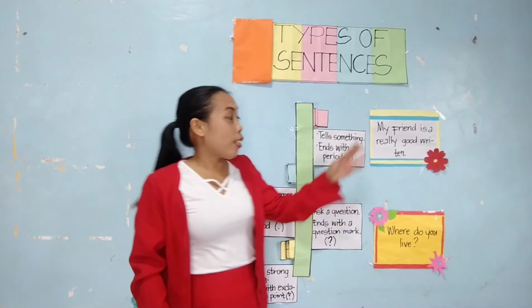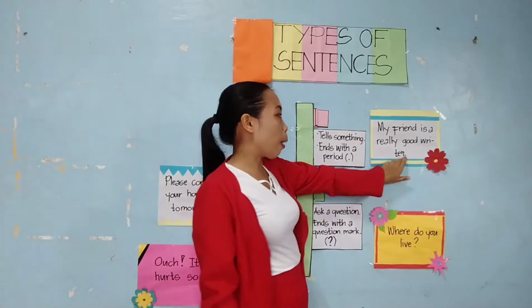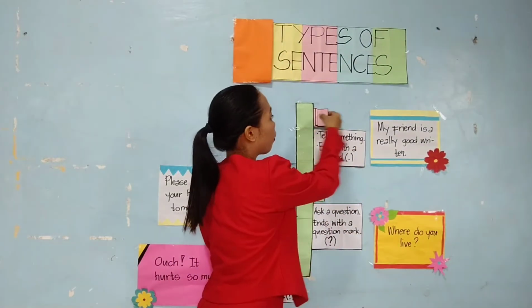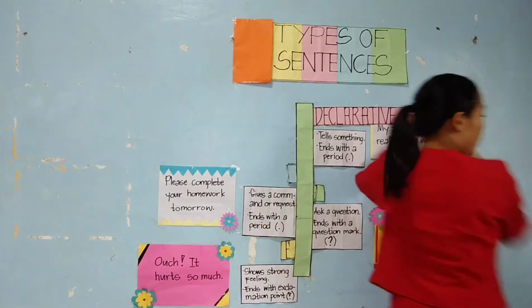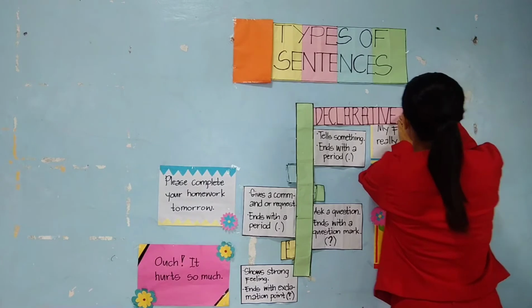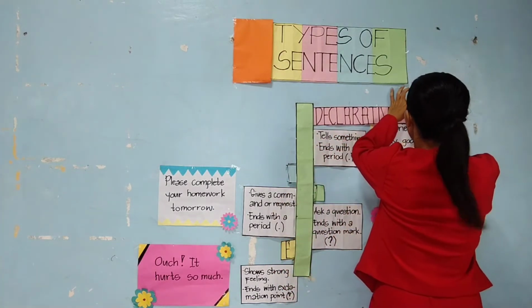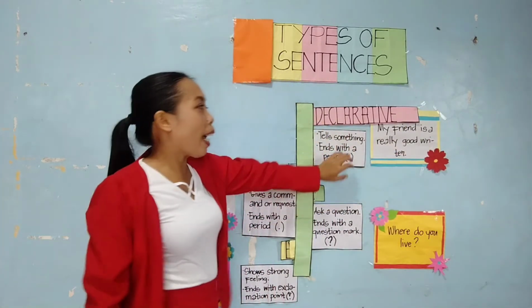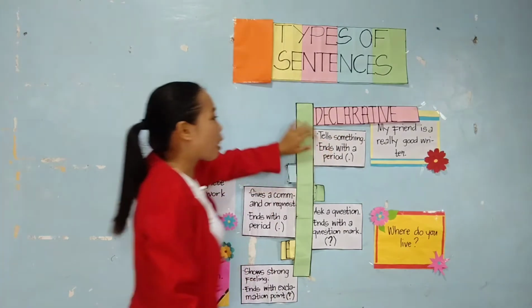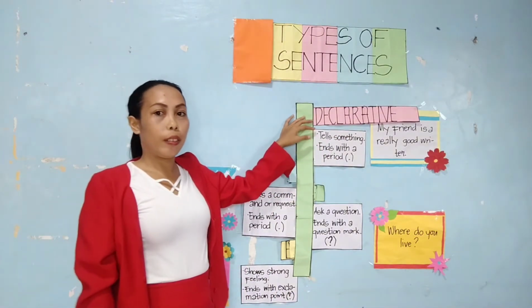Because since the sentence states an opinion and ends with a period, it is a declarative sentence. Do you know why? Because a declarative sentence is a sentence that tells something and ends with a period.